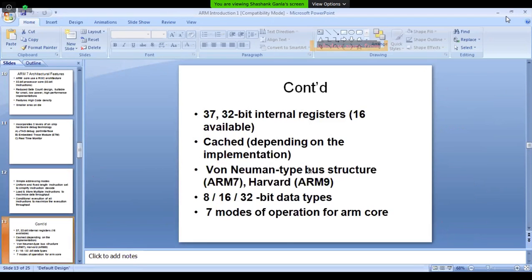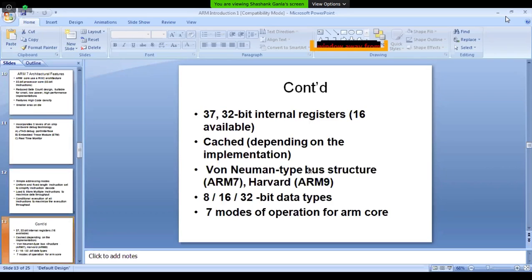Next, continuing with the features. The ARM core supports 37 32-bit core registers. I repeat, the ARM7 supports 37 in number, 32-bit in size core registers.